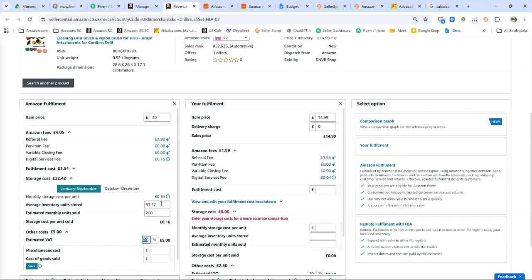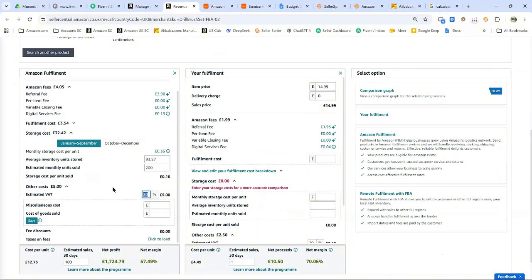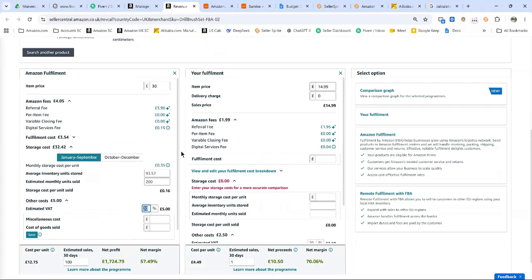If your inventory is at the fulfillment center of Amazon and it's not selling, then Amazon will charge you extra storage fee because you have occupied their space but you are not selling the product. But if the sell through is good, you can have like zero storage fee.